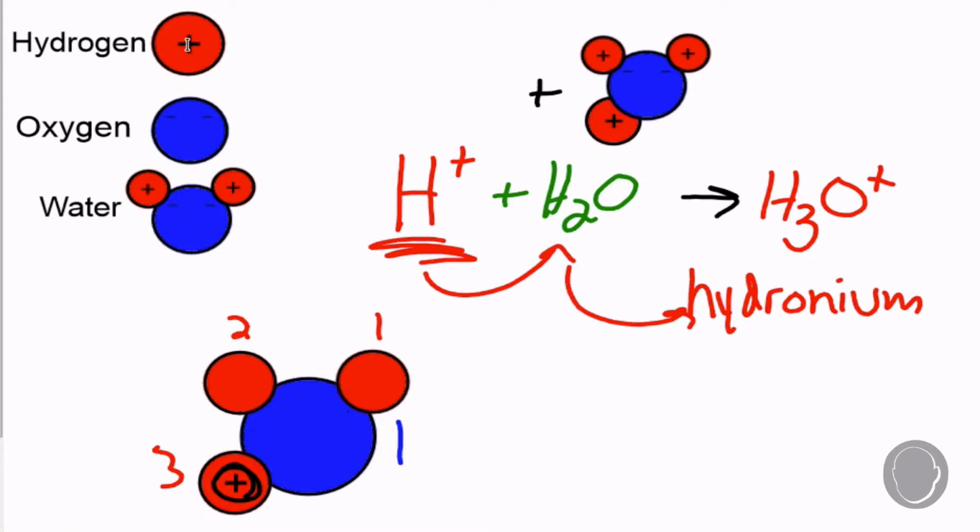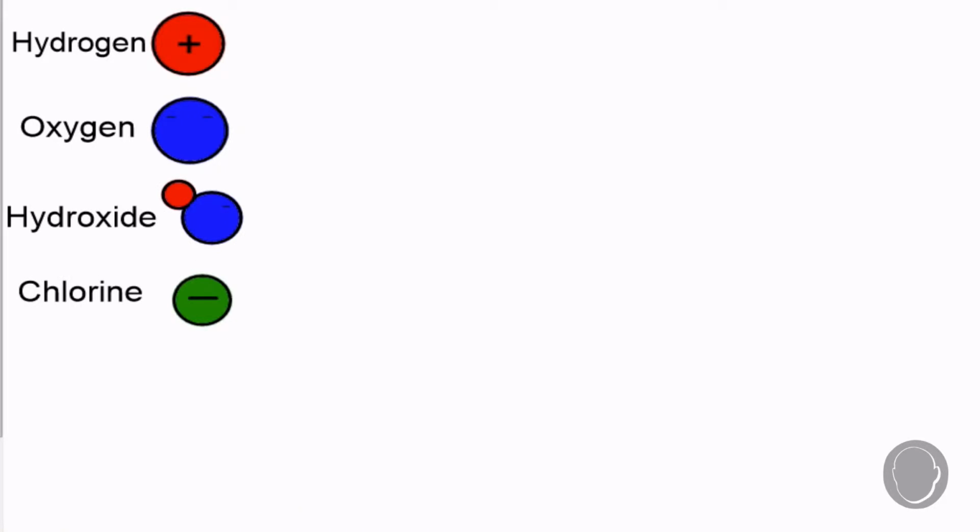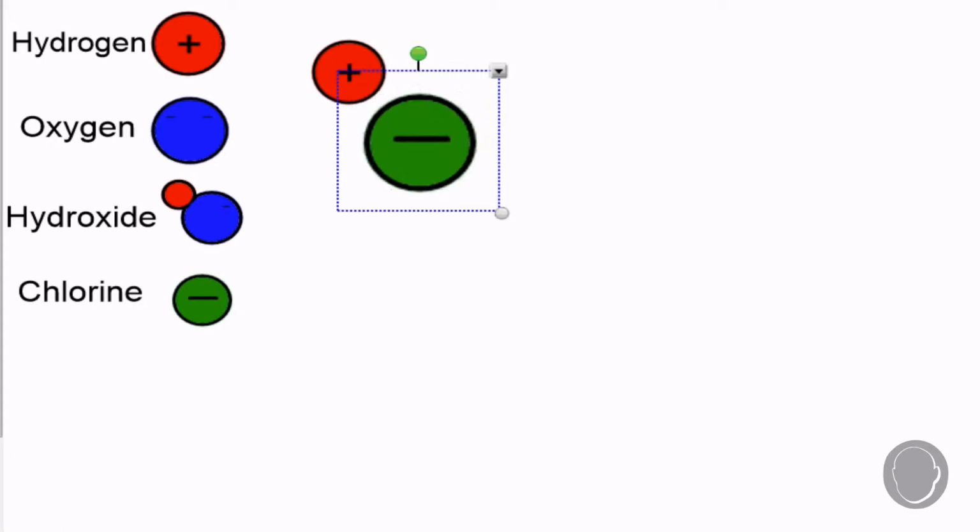All right. Now, some specific acids would be if I take hydrochloric acid, which is HCl. Chlorine's a little bit bigger: hydrogen, chlorine. And I add that to water, which I don't have up here, but I can make it real quick.